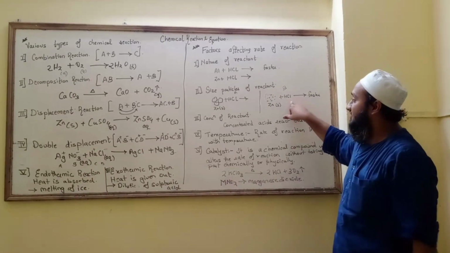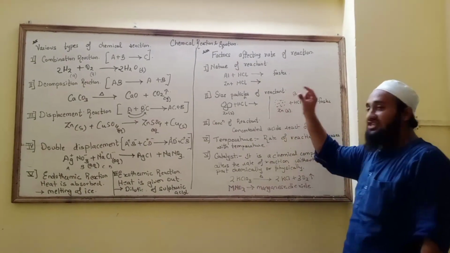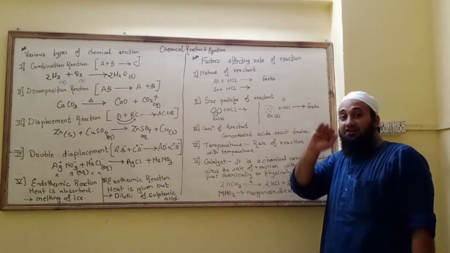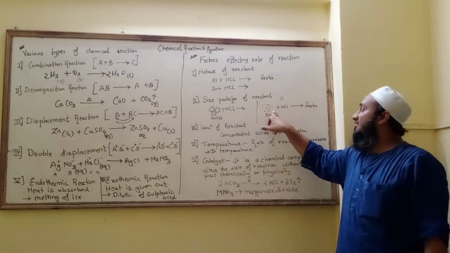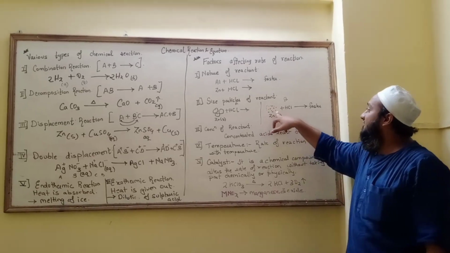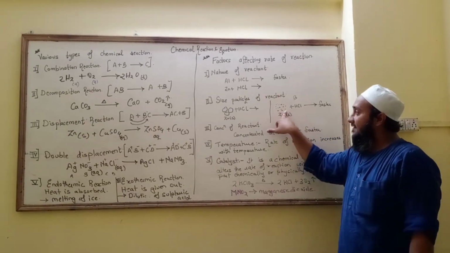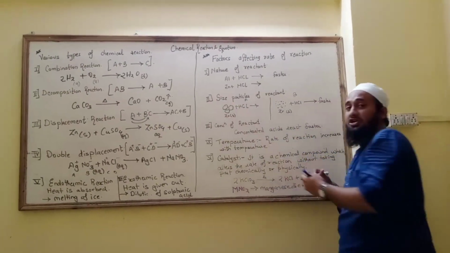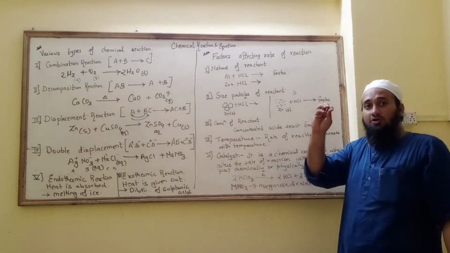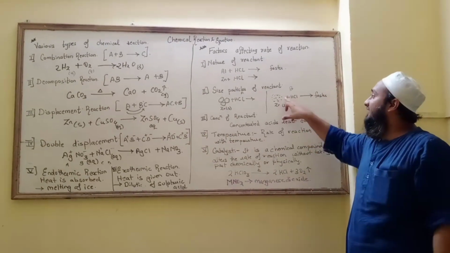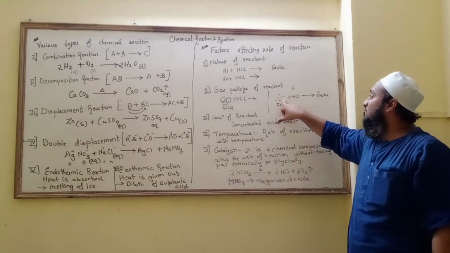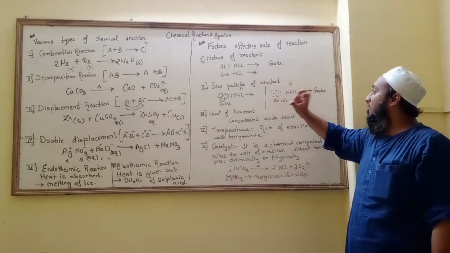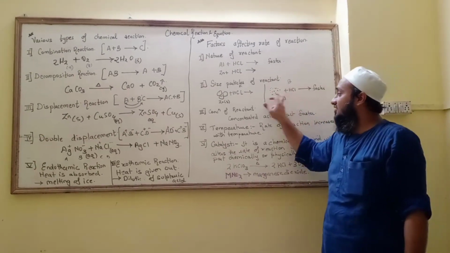It is this case, because as the particle size decreases, the surface area increases, and where surface area increases, the reaction takes place faster. So in order to make a reaction faster, you need to break the reactant into minute particles. You need to make the size smaller so that the reaction takes place faster.